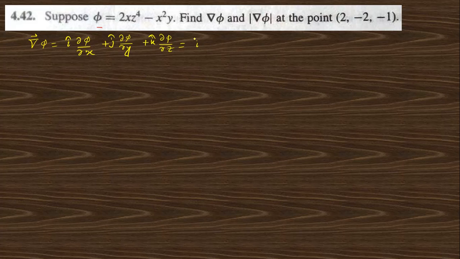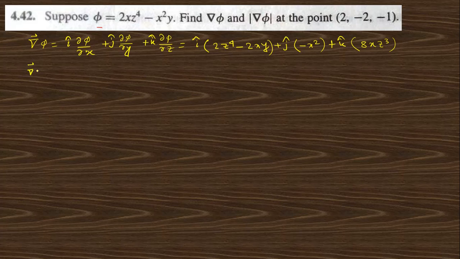If we take the partial derivative of phi with respect to x, we get 2z to the power 4 minus 2xy, plus j cap del phi del y. With respect to y, we get minus x square, and k cap with respect to z, we get 8xz cube.